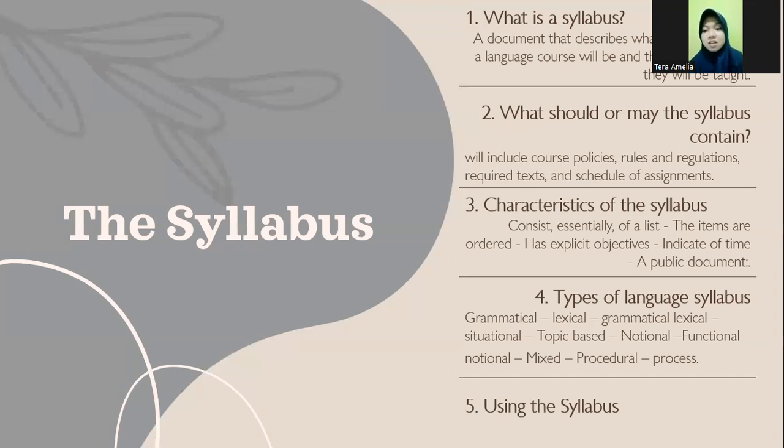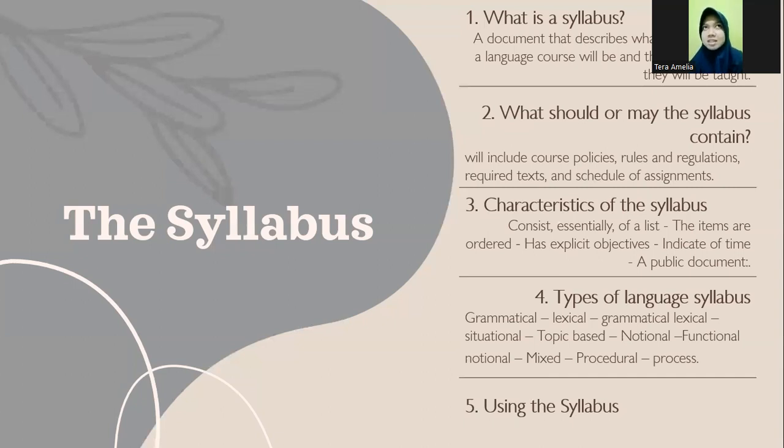The first is that it consists essentially of a list of various things to be taught in the course, like comprehensive content items, like words, structures, and topics, and process ones, such as tasks and methods. Also, the items are ordered, have explicit objectives, usually declared at the beginning of the document, and indicate time.